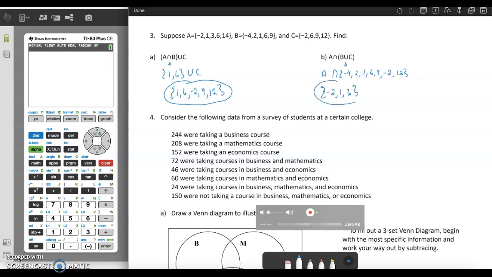So what we can see by doing these two problems is that the associative property does not hold if we have two different symbols. So you can't just do those in any order that you so choose. It makes a difference. When you have grouping symbols in these operations, always do those grouping symbols first, just like you would in your algebra.